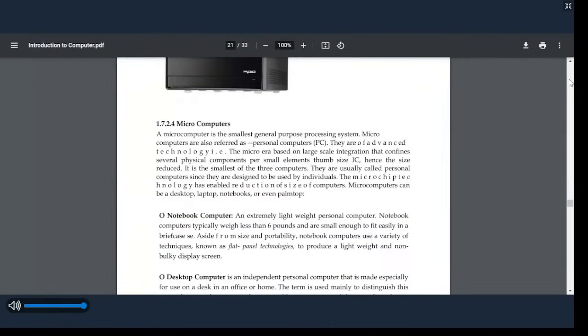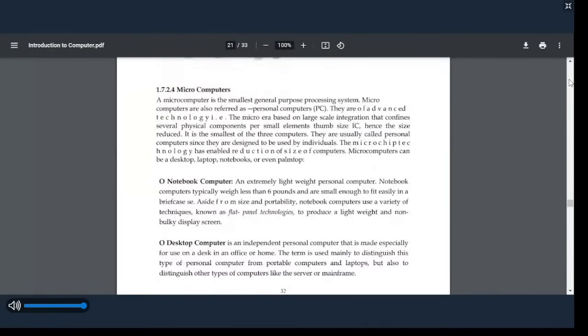Aside from size and portability, notebook computers use a variety of technologies known as flat panel technologies to produce a lightweight and non-bulky display screen.